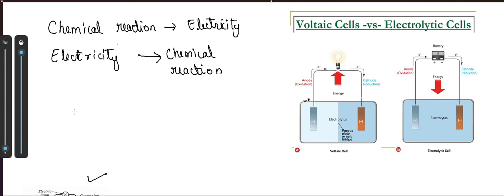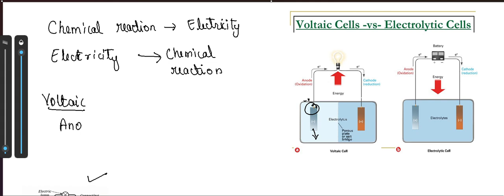See, in a voltaic cell, what happens is the anode side is a more reactive element. It reacts with our electrolyte and it gives out electrons. So when it comes to a voltaic cell, since the anode is giving away electrons, a lot of electrons are accumulated at the anode end.